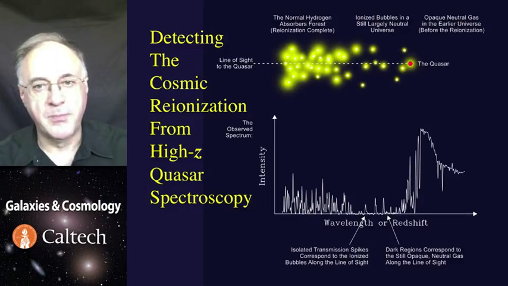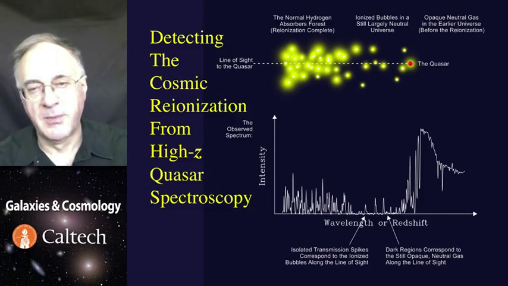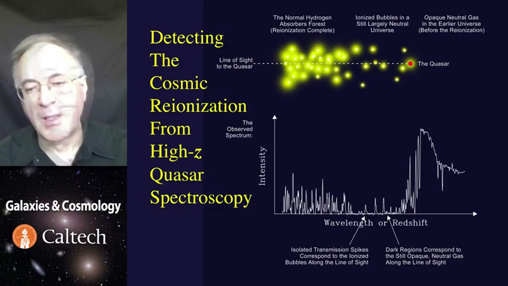Here is how it works. If you're looking at a quasar that's just inside the reionization era zone, then the line of sight will go through a lot of these bubbles, and the gaps between them will be where neutral hydrogen is, and they'll manifest themselves as a continuum between absorption lines.